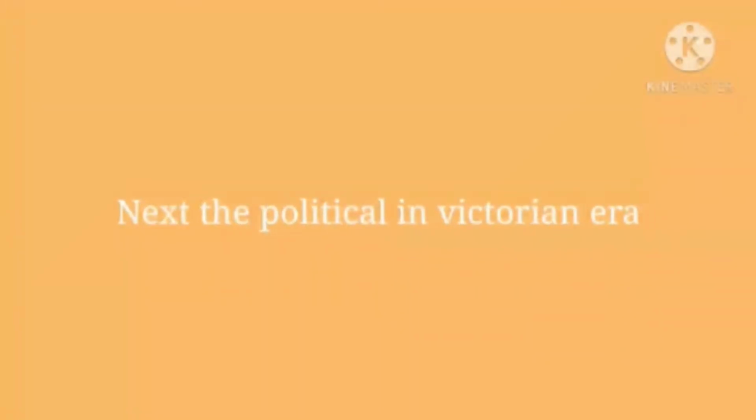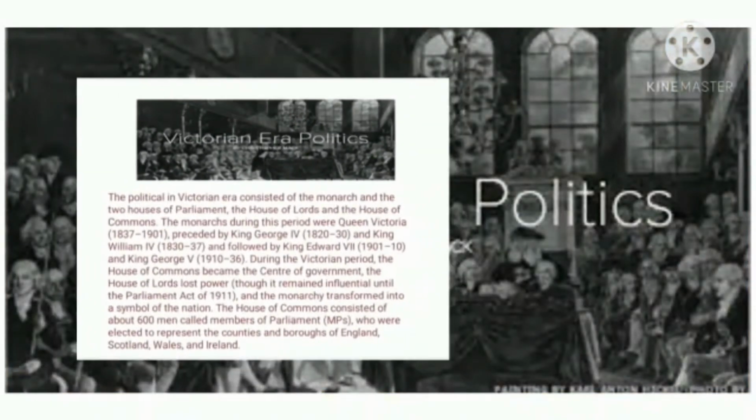Next, the political situation in the Victorian era. The political system in the Victorian era consisted of the monarchs and the two Houses of Parliament, the House of Lords and the House of Commons.